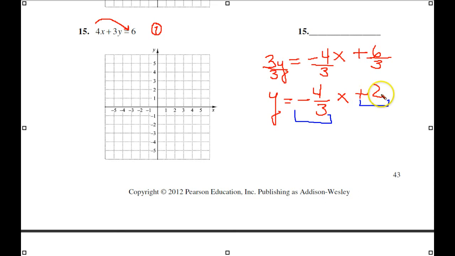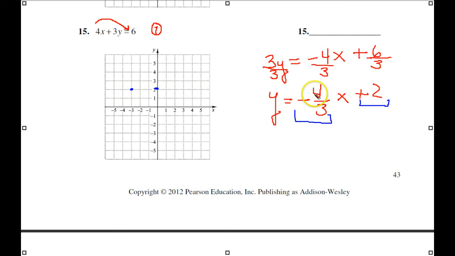I now have identified my slope as a negative 4/3 and my y-intercept as a positive 2. So the first thing I'm going to do is plot the y-intercept, a positive 2. Now from that, I'm going to do my slope. But now this is negative slope. So I'm going to take the x terms and go 3 to the left. This is negative.